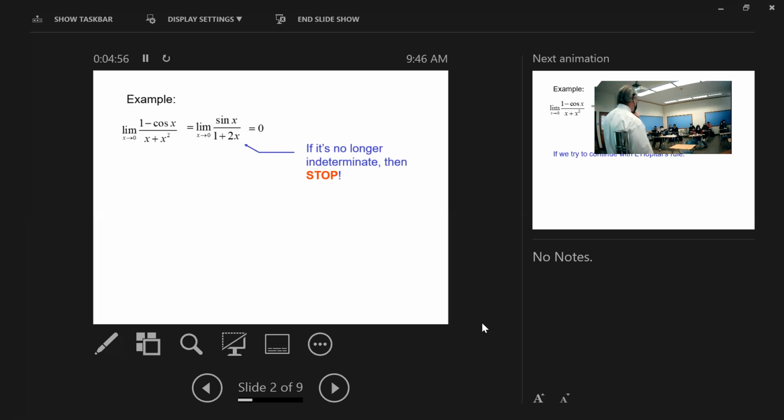The y value of 0 is 0, 0 in the numerator, divided by 1 plus 2 times 0. So you don't have 0 over 0 anymore, you have 0 over 1. And if you have 0 in the numerator, the value of your fraction is 0.